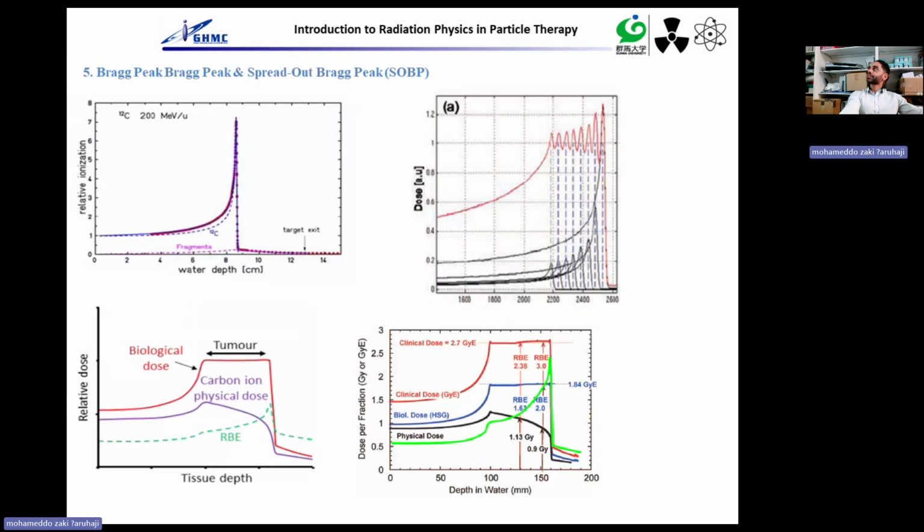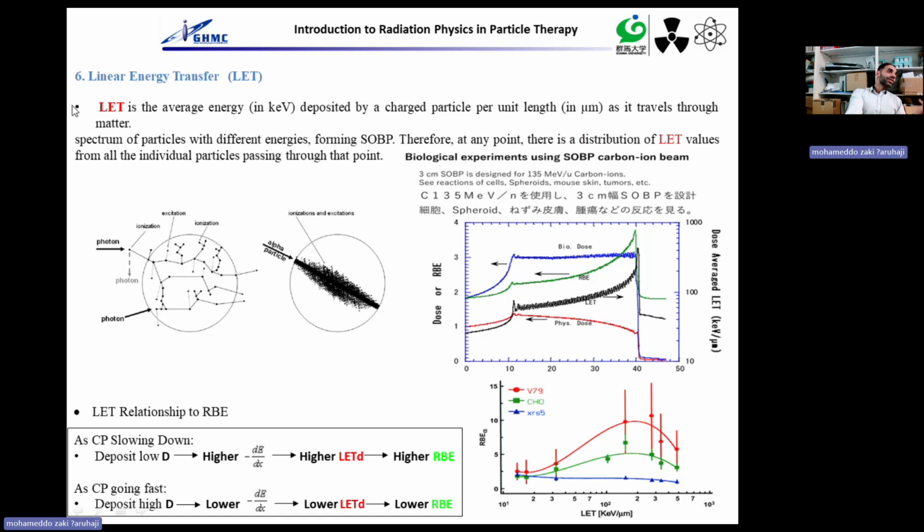Now LET itself is different. It has high LET, it has low LET. When the low LET particles interact, the way they lose energy, the way they do their ionization and excitation, you can see it is distributed along the volumes.